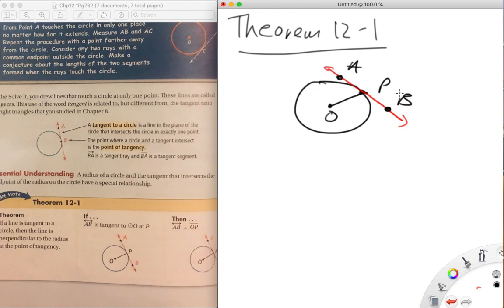So if line AB is tangent to circle O at point P, then we can say that these two are perpendicular.